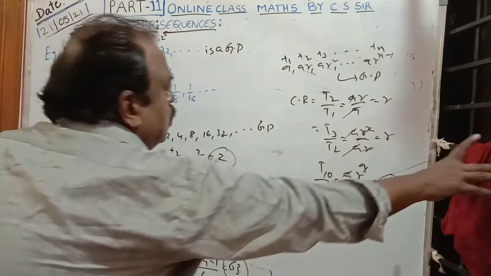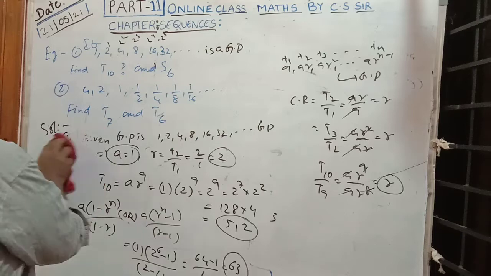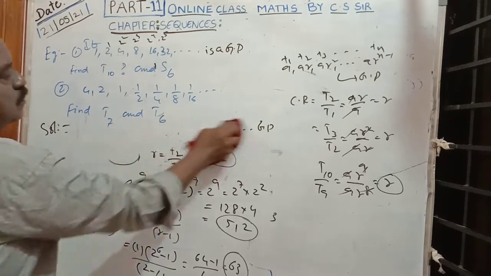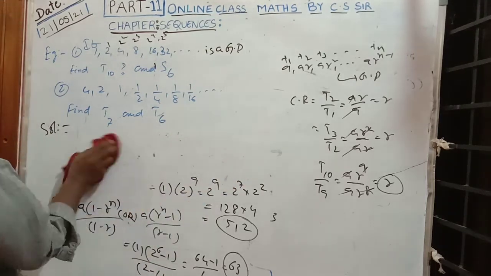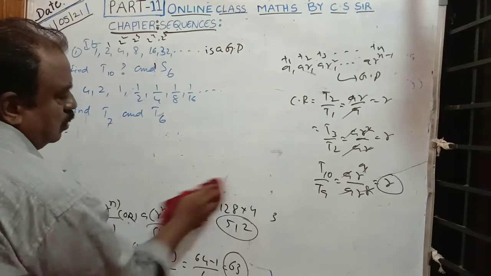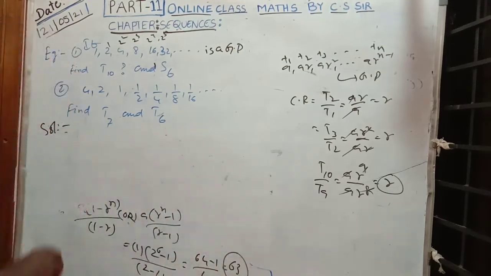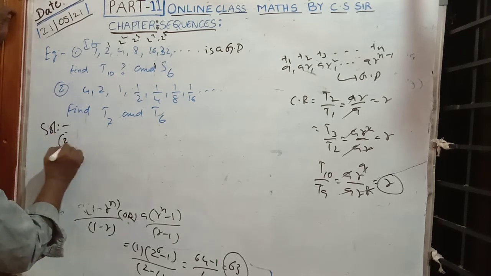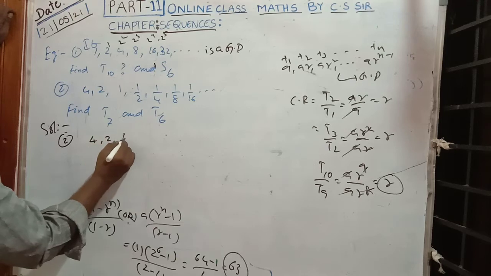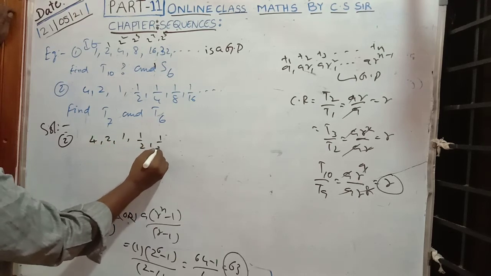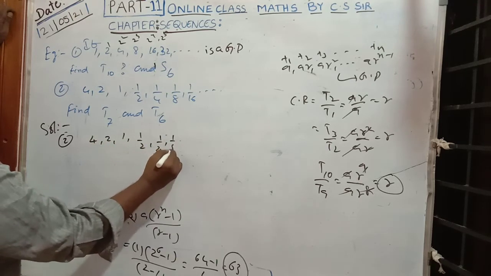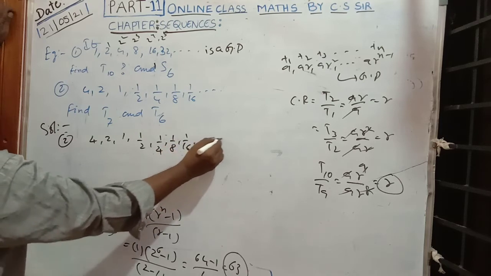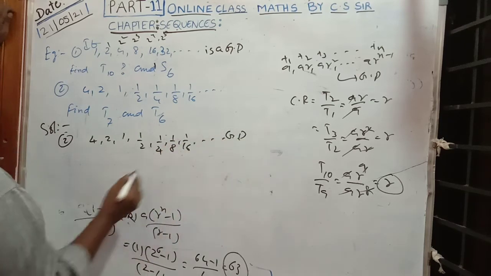Similarly, one more problem. The second problem is 4, 2, 1, 1 by 2, 1 by 4, 1 by 8 and 1 by 16 going on. A GP is given.